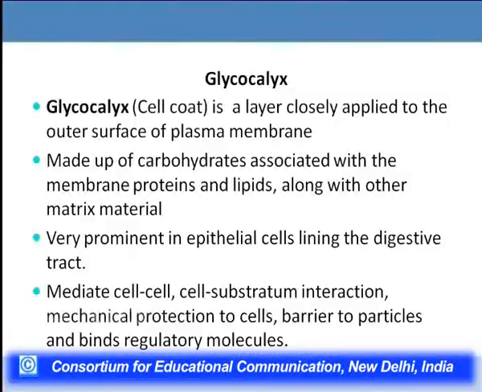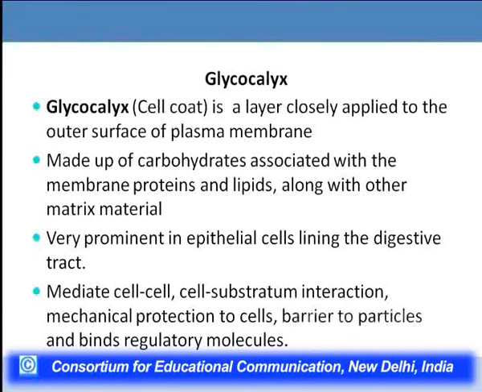Now the glycocalyx, as I've already told, is a layer very closely applied to the outer surface of the plasma membrane. This layer is made up of carbohydrates which are associated with the proteins or lipids present in the plasma membrane. Along with the carbohydrates, there are certain other proteins which make this layer, which is also termed the cell coat. This layer is very prominent in certain cell types like epithelial cells which line the digestive tract.